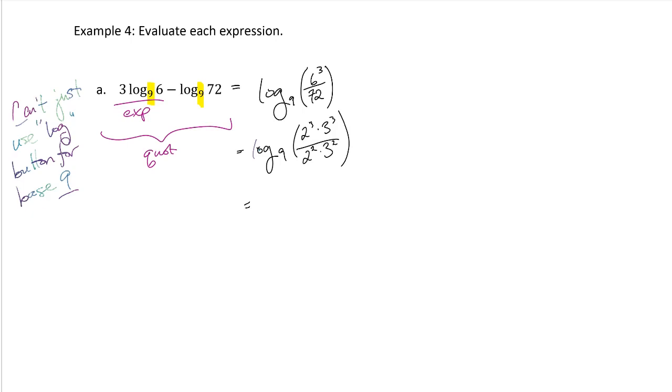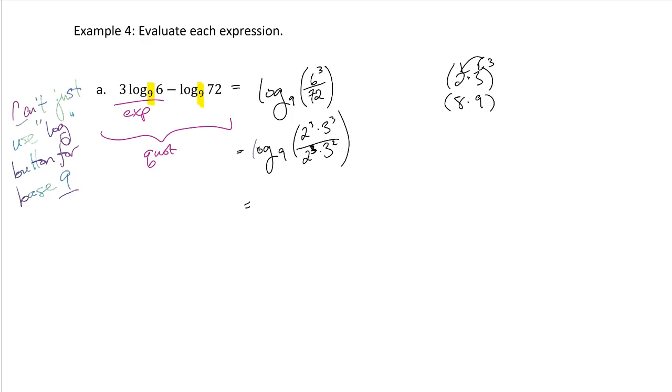I'm getting this from 6 being 2 times 3, cubed, and I'm allowed to distribute that exponent into my product. Oh, and sorry, that's 2 cubed. It's a good thing I stopped to explain that one so I could catch my mistake.